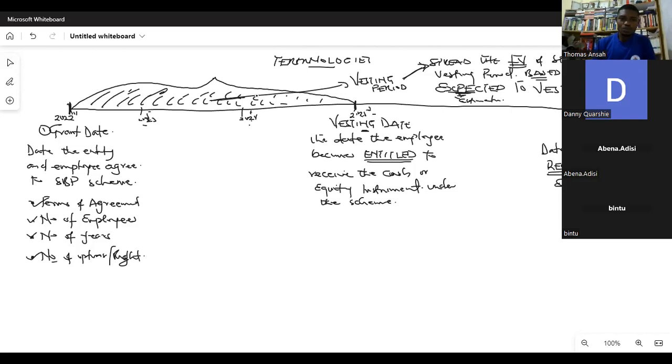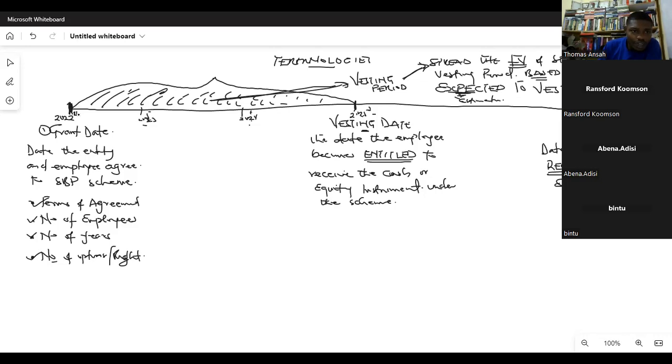So this is what you do in the vesting period: you spread the fair value of the share-based payment over the number of employees who are expected to vest. Whether it's equity-based or cash-based, if we are at the grant date and recording the financial transaction, we will need the fair value.